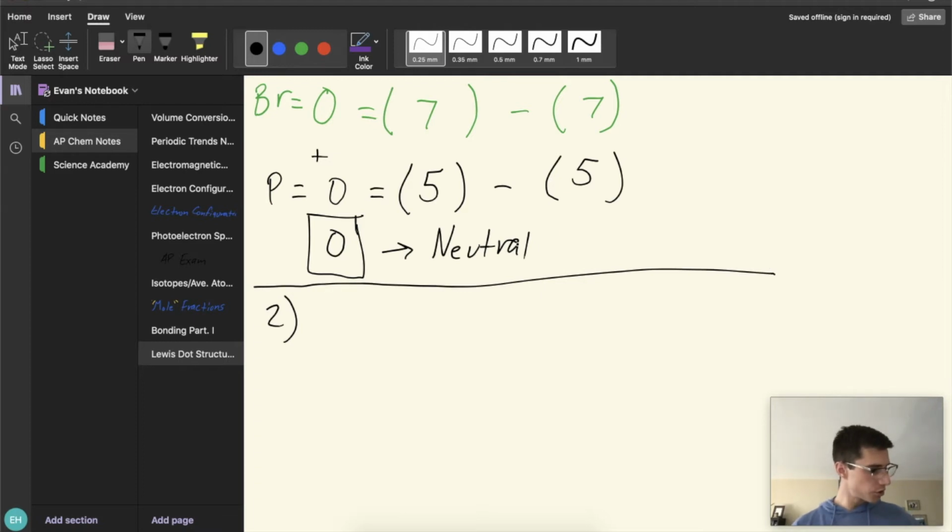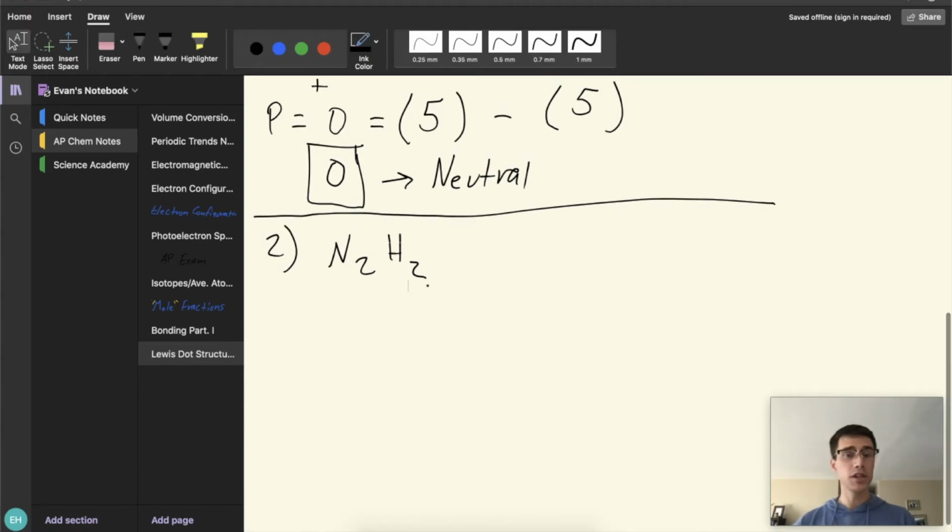So molecule number 2 that we will be looking at is N2H2. Okay, now this one's a little bit more difficult. So in this case, again, nitrogen is more electronegative than hydrogen, so I would start with nitrogen as a central atom.